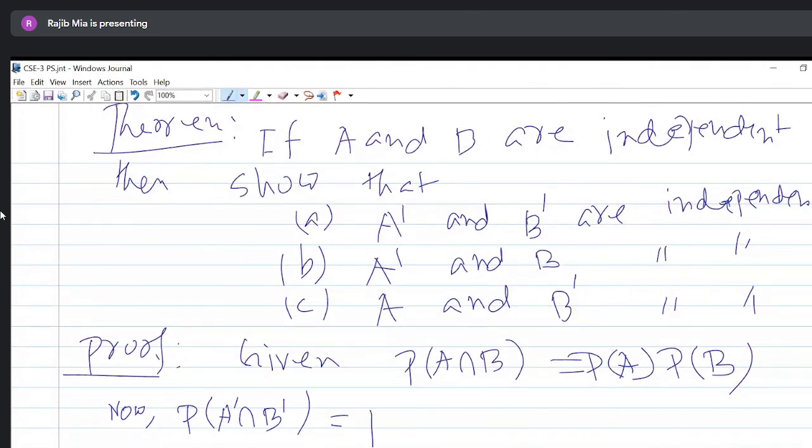From set theory, you can write this as A union B, the whole complement.